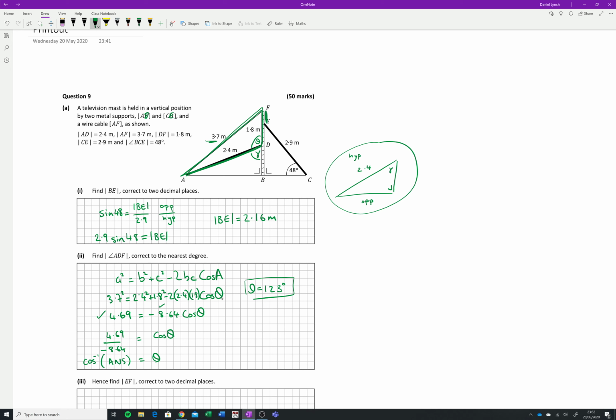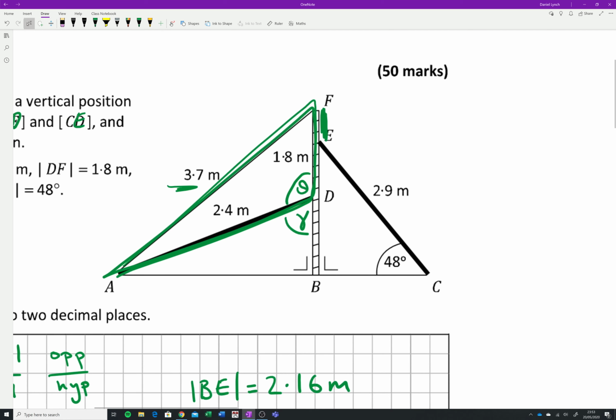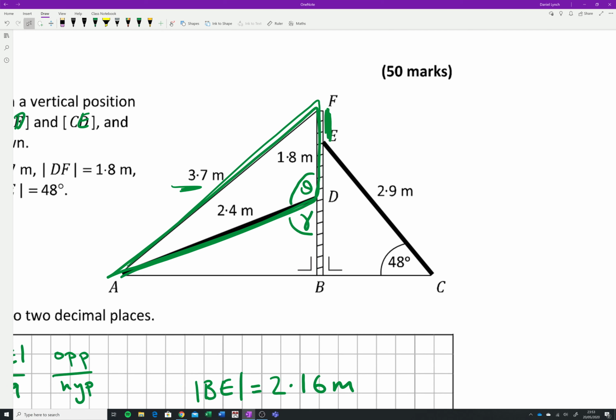So actually, what are we going to be able to do? If we look at the slightly bigger triangle, we might be able to figure this section out here. Hence means using what you've just done. So once just EF, let's come up with some plans. We now famously know that the whole thing from there to there is 2.16.